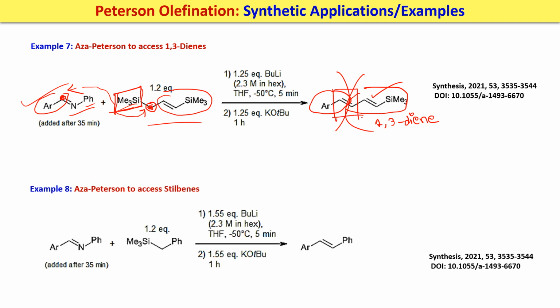Next reaction is also taken from the same paper. See, this substrate is the same, it is N-phenyl substituted imine, and for the other reaction partner we now have Me3SiCH2Ph. That means if you look at the product, this side will come from the first reaction partner, and the right hand side part will come from the second reaction partner, and this SiMe3 group will be removed.